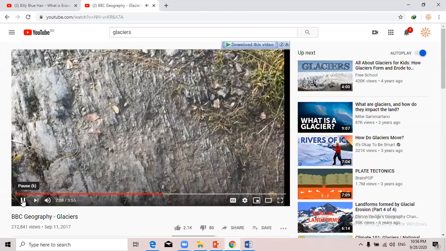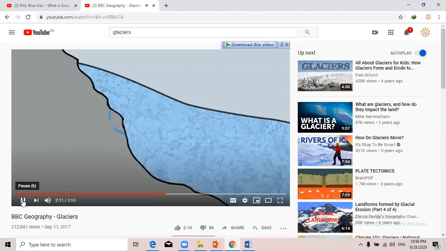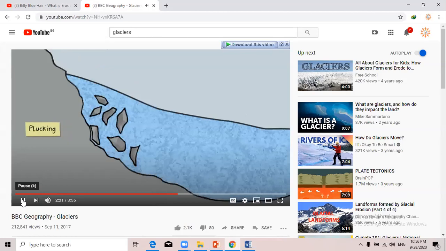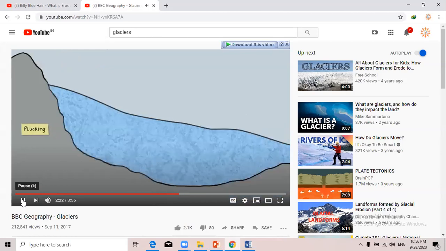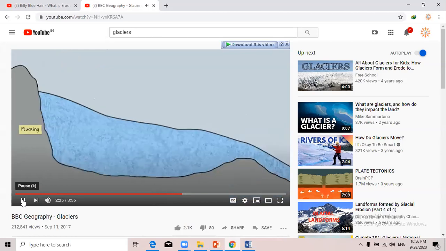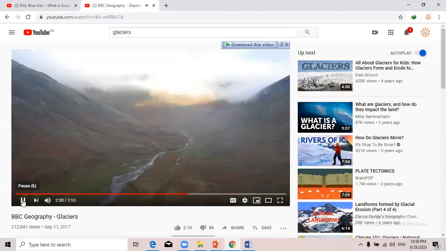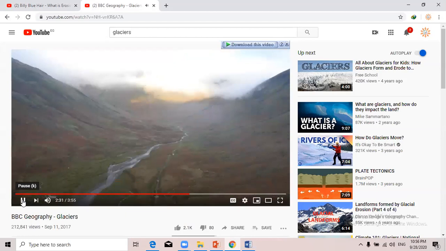Look, these are small stones. Look, the ice now helps in reshaping the mountain or the landforms.